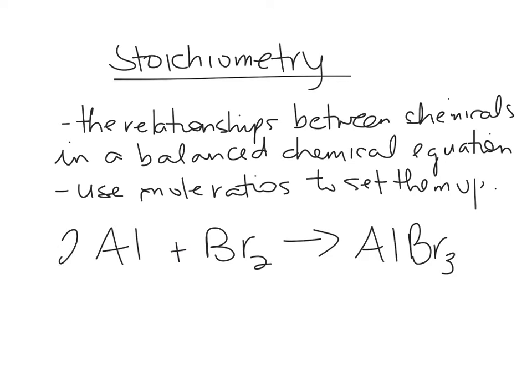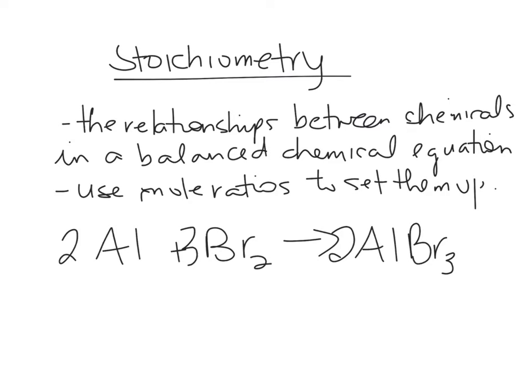Two Al. Beautiful. Okay, so stoichiometrically, 2 atoms of aluminum react with 3 molecules of bromine to produce 2 formula units of aluminum bromide.